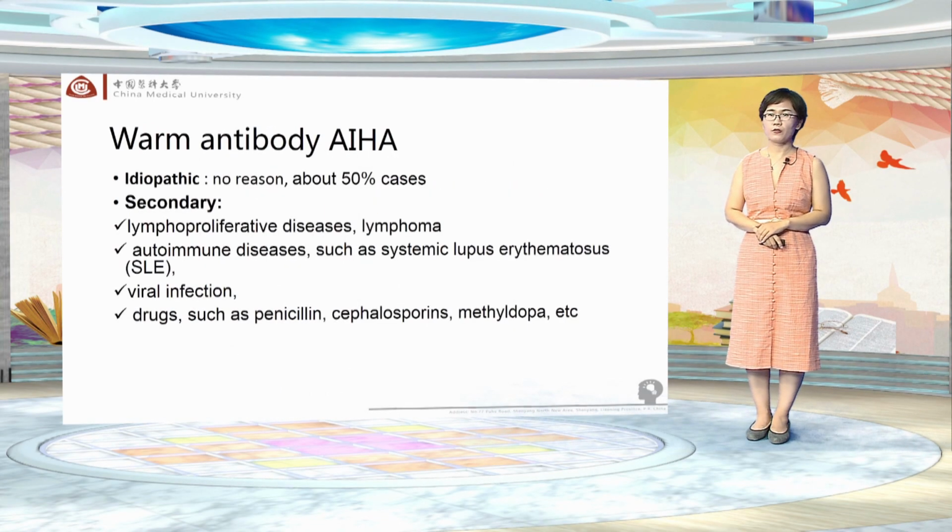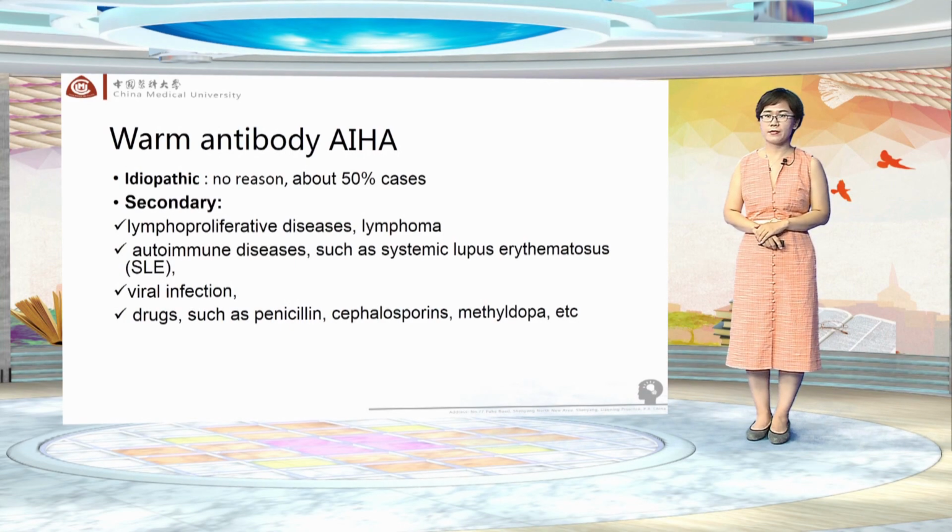Warm antibody autoimmune hemolytic anemia is the most common type of autoimmune hemolytic anemia. About 50% of cases have no inducing factors, that is, idiopathic.